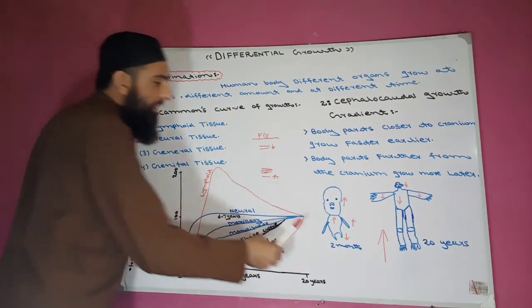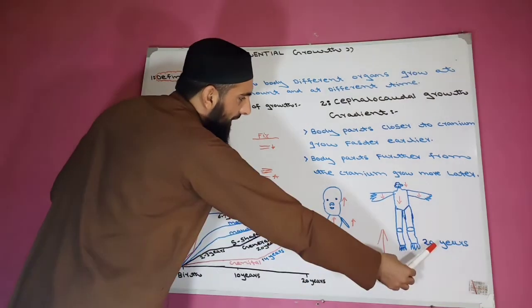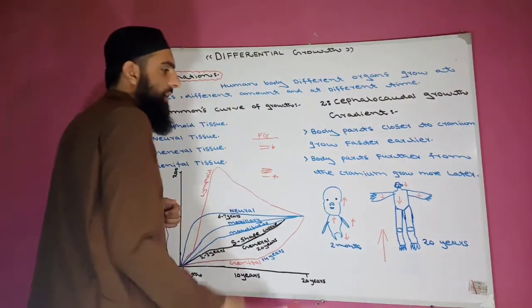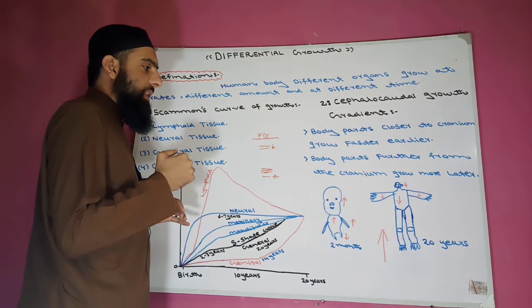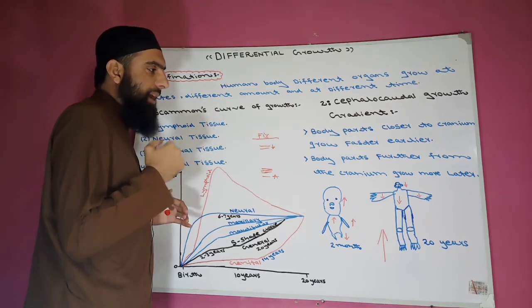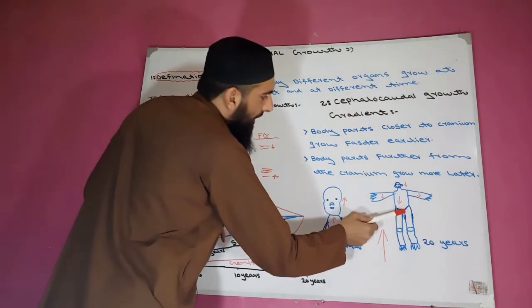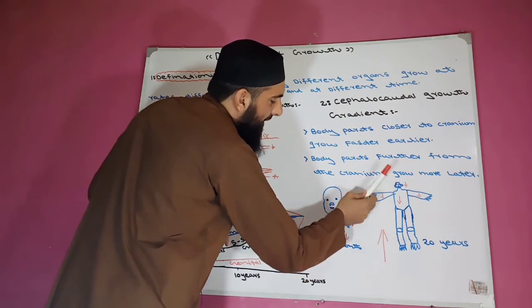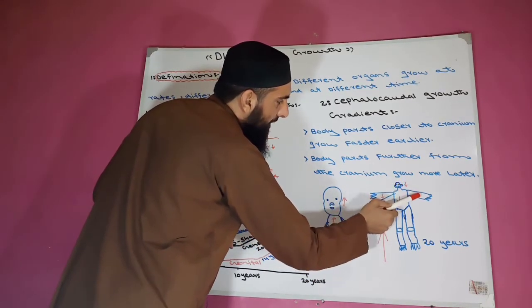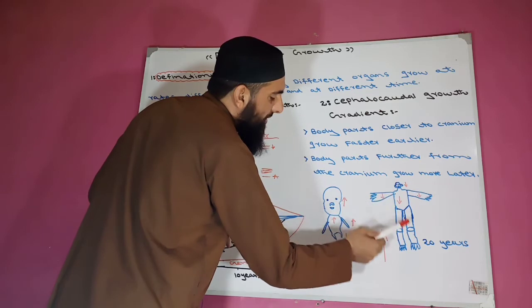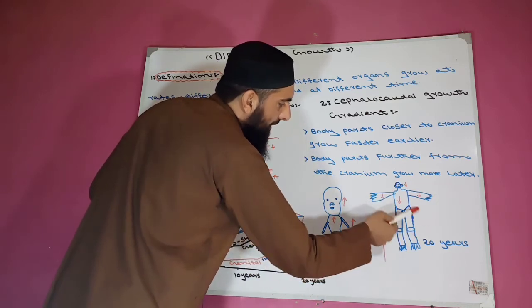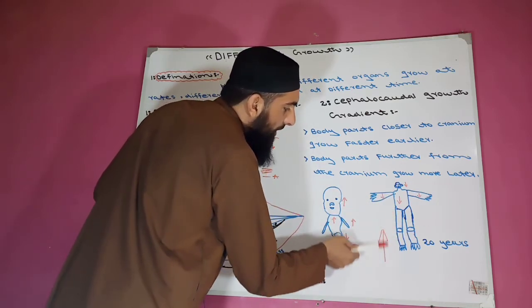But when the same 2-month-old child becomes 20 years of age, if we compare the body parts with the cranium, the structures near to the cranium grow slowly, but the structures away from the cranium, like the lower limb, grow very rapidly.